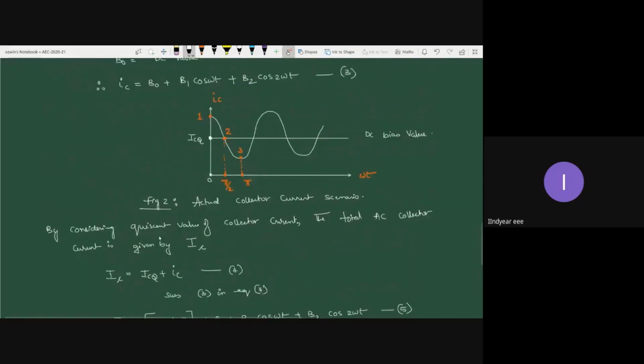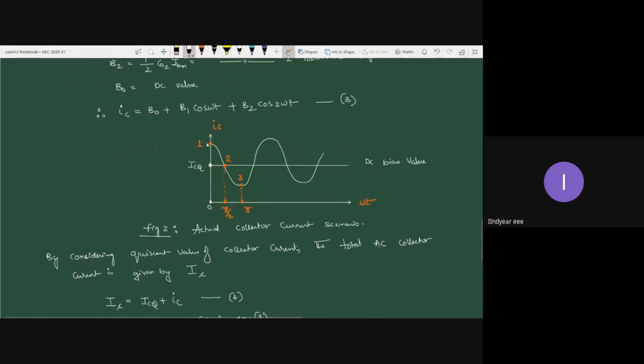Now let us try to apply the points. Let us see what the value is at point 1, point 2, and point 3. If you look closely, at point 1, omega t is 0, and IC is equal to I maximum. This is the maximum value, right? Similarly, at point 3, you have I minimum.